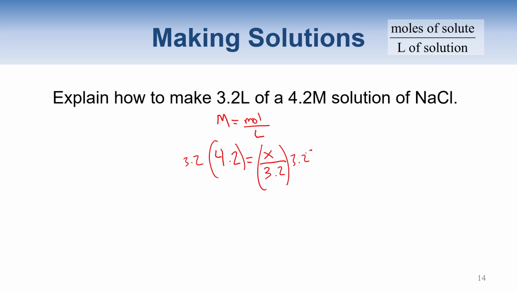And that crosses that off over here. So 3.2 times 4.2 is equal to 13.44 moles. So, in order to make this solution, we would dump 13.44 moles of sodium chloride into a flask and then fill it up to 3.2 liters.